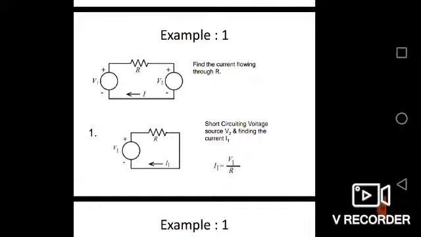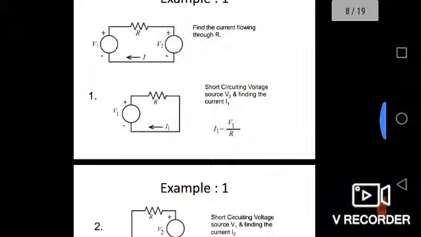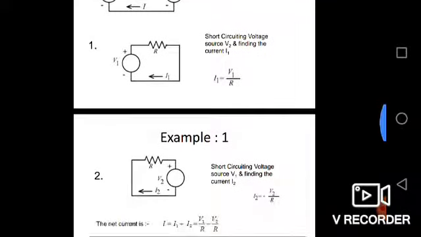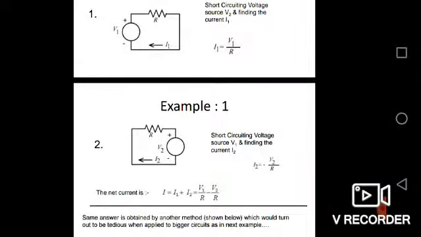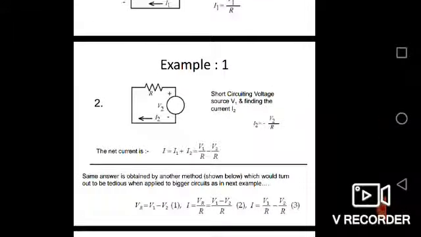In the circuit shown, there are two sources V1 and V2 and a resistor R. Suppose we want to find current I. For applying superposition theorem, the first step is that the V2 source is short circuited and the current I1 is found in the circuit, that is I1 equals V1 by R. Then the second step is that the V1 source is short circuited and the current I2 is found, that is I2 equals minus V2 by R. With the help of superposition theorem, the net current can be found out. It will be I equals I1 plus I2.